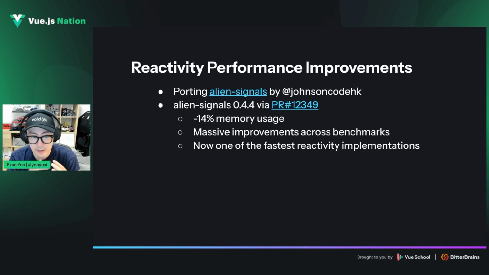The first PR that got merged was 12349, and it was porting alien signals 0.4.4. By the time we merged it, it already showed minus 14% memory usage compared to Vue 3.5, which is the branch you are currently probably using. And it shows massive improvements across multiple benchmarks.